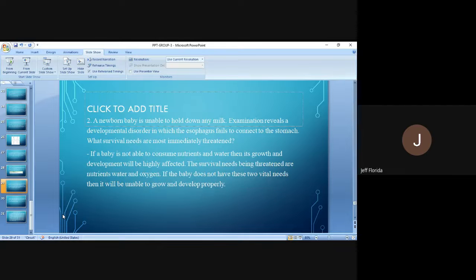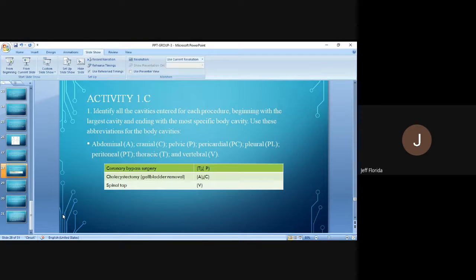Coronary bypass surgery is a kind of procedure that restores blood flow to your heart muscle. So the first and largest cavity that we have answered is the thoracic, and its most specific body cavity is the pericardial cavity.